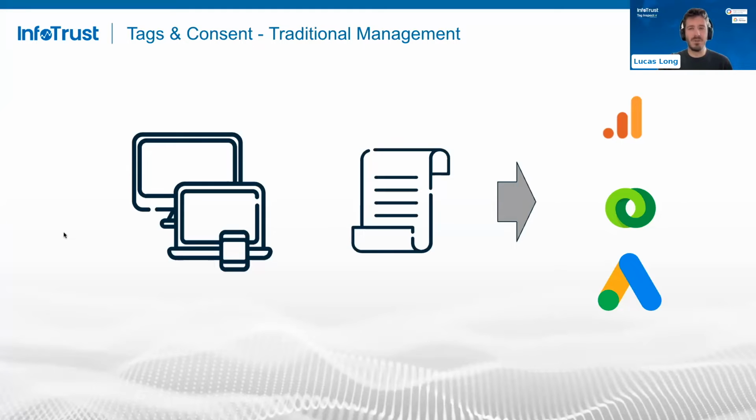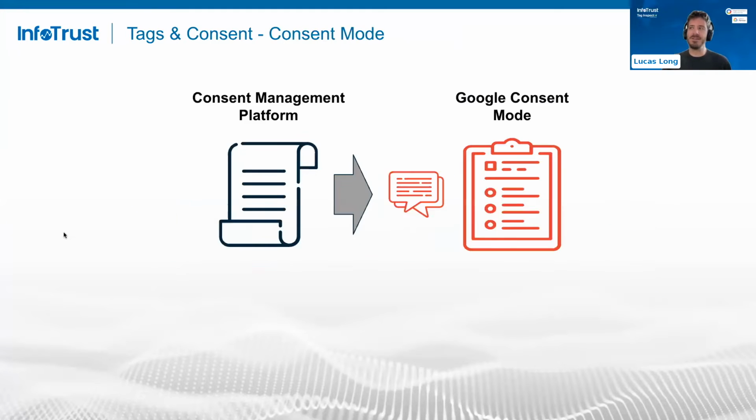Now, what consent mode does is add an additional layer to this process. As I mentioned, consent mode translates the signals presented by the consent management platform into a common set of instructions readable and usable by the Google tags.